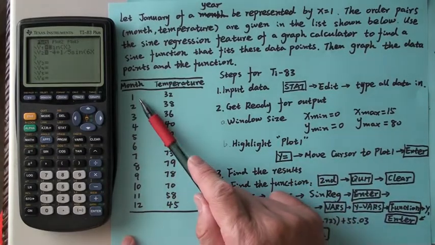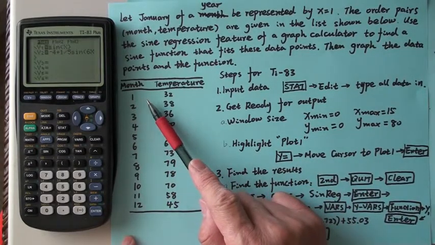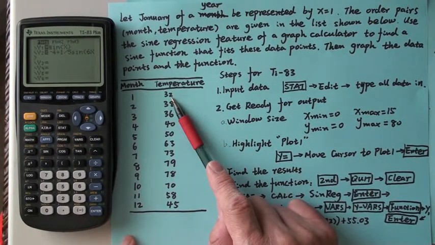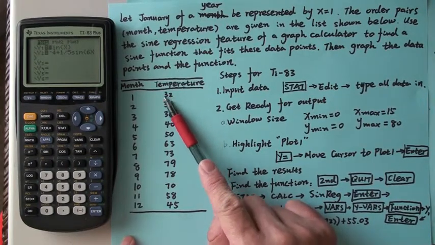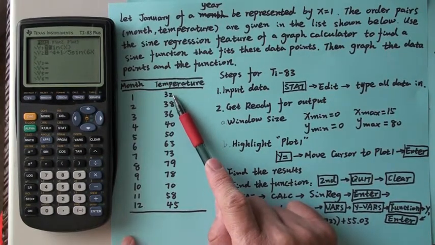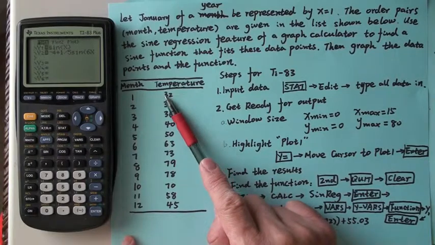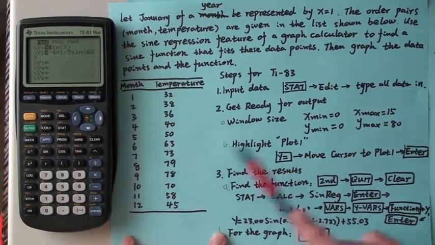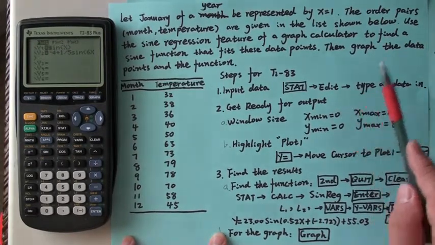So in January the average temperature is 32. 32 degrees is the icing point, the point at which water turns to ice, or ice turns to water.